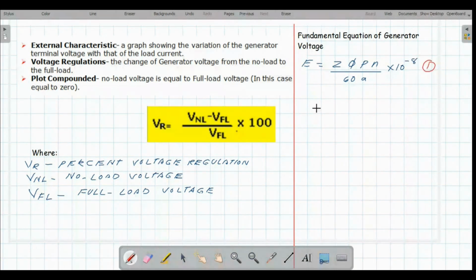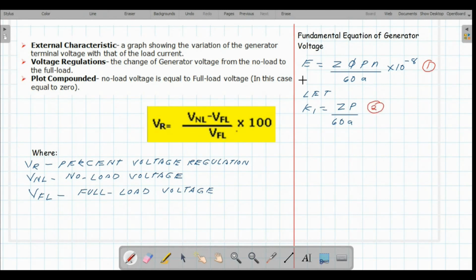So, let K1 or constant 1 be equal to the number of inductors times the number of poles divided by 60 times the number of parallel paths. Equation to yan.